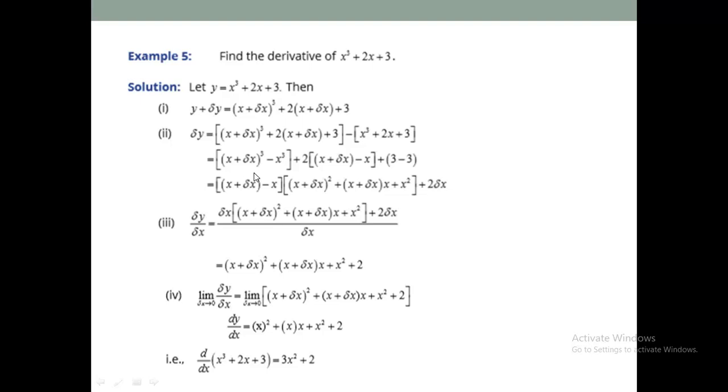Now we simplify. Here again we could simplify by the difficult method, but try to simplify by a simple method, taking the cube, multiplying and opening the bracket, and at the end we have the same result. We take delta x common and cancel by this, and then taking the limit of both sides, we get the answer.